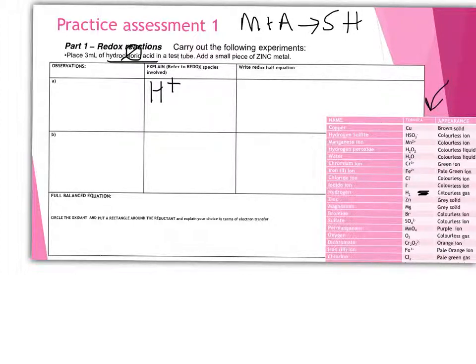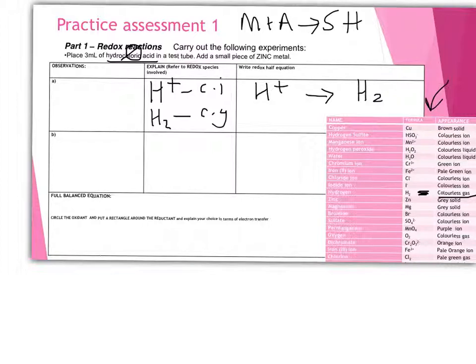Okay, so our first half reaction is going to start with these two species. So we've got H plus and H2, and going down the list you'll see H plus is a colourless ion, so you're going to write that, and H2 is a colourless gas, so you're going to write that down.